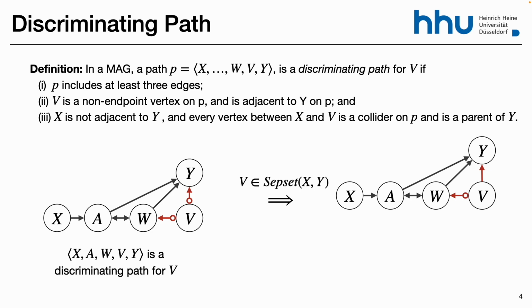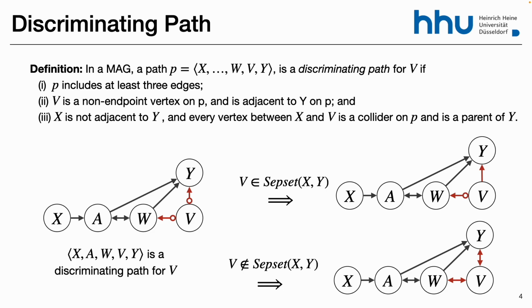Then again, that is the W that I need, because this path is now open. This path X, A, W, and Y is now open once I condition on A. So I have to condition on W again. And when I condition on the W, the second collider opens. And if I have the separation already, then it's going to be the second case where V is a collider, right?